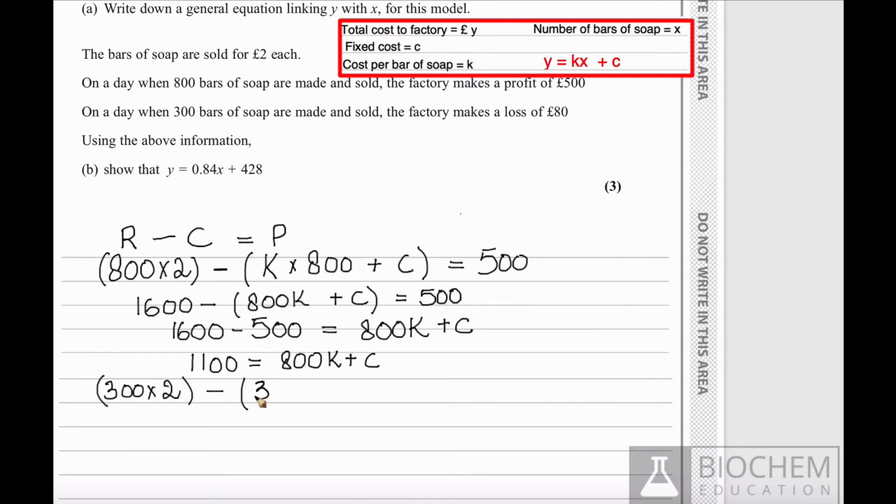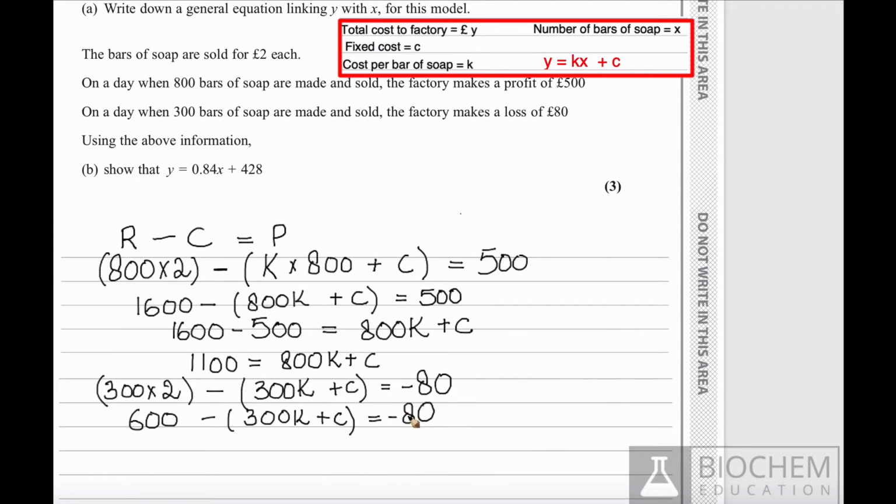So we can write this as 300k plus c is equal to, now we didn't make a profit, we made a loss. So therefore we have to write it as negative 80. Simplifying this, we get 600 minus (300k plus c) equals negative 80.